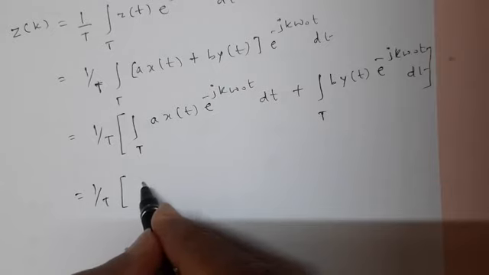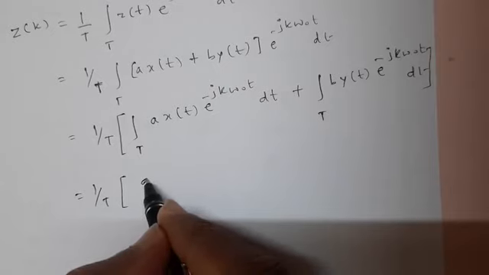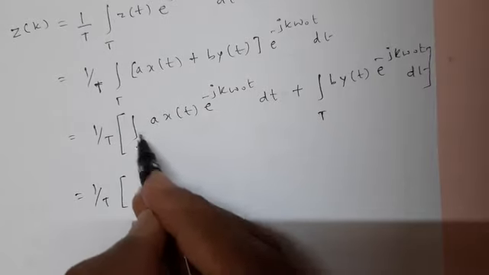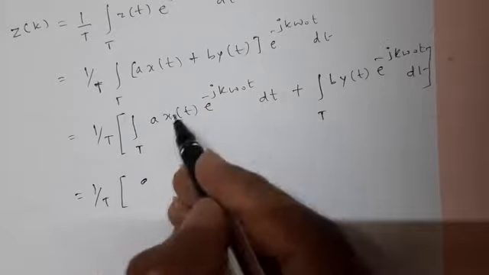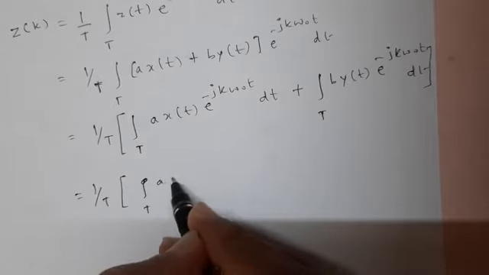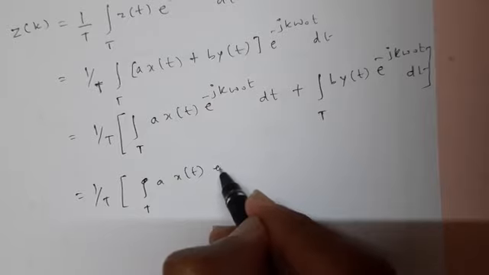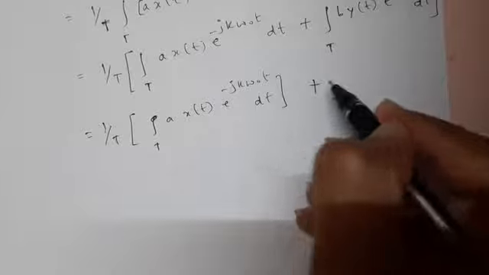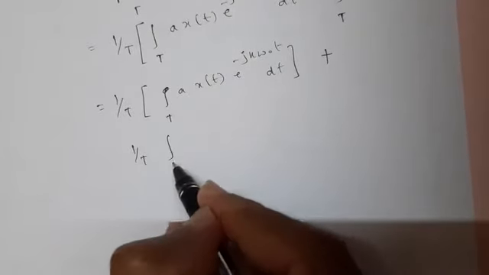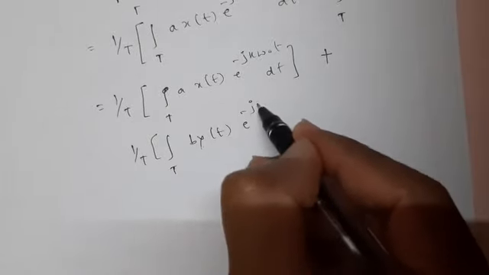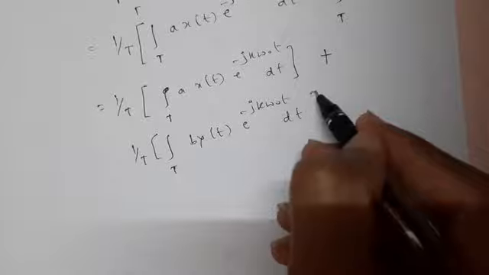I will separate it out: a times 1 by T integration over T of x of t e to the power minus j k omega naught t dt, plus b times 1 by T integration over T of y of t e to the power minus j k omega naught t dt.